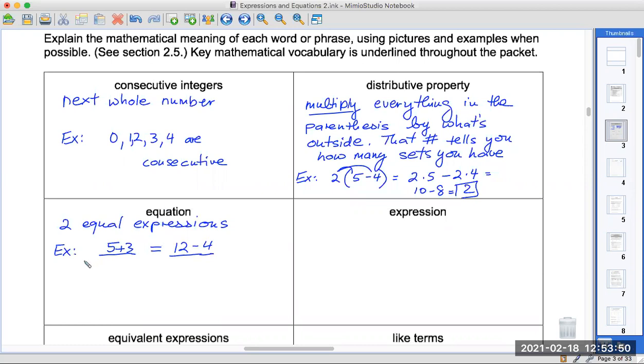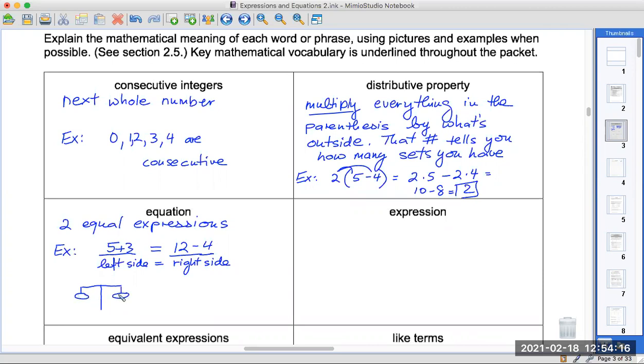So an equation, left side has to balance or equal the right side, the value. So think of it as a scale. If you have ever seen those old-fashioned scales, there's a fulcrum in the middle, and then you have a little bit hanging here and a little bit hanging there.